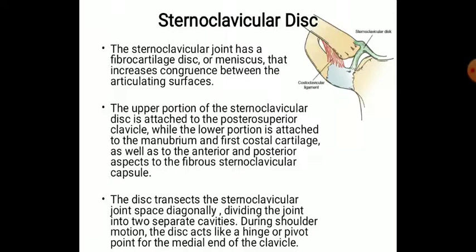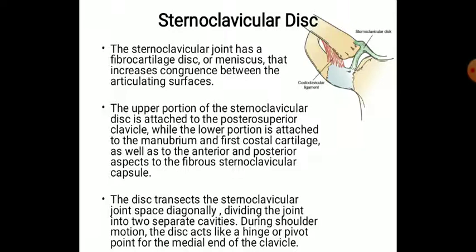Now we need to discuss why we need this disc and what its function is. The sternoclavicular joint has a fibrocartilage disc, also known as a meniscus-type structure, that increases the congruence between the articulating surfaces. When we discussed the clavicular and manubrial or sternal articulating surfaces, one reason for the improper arrangement was the incongruence between them.